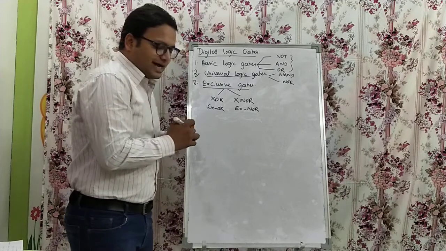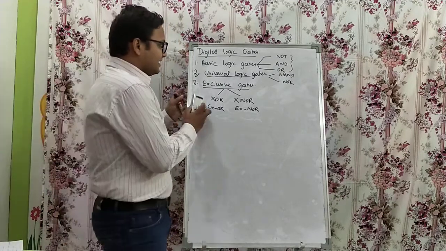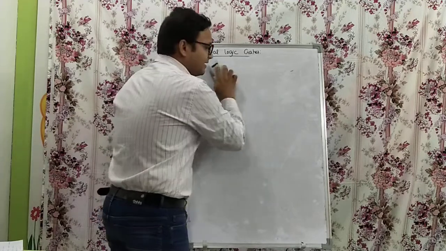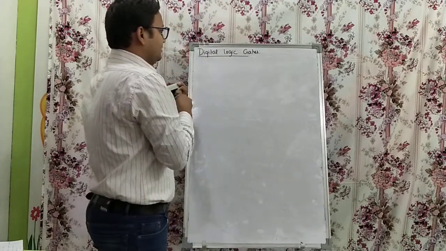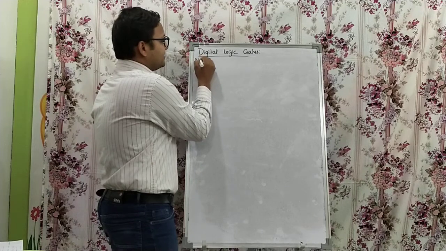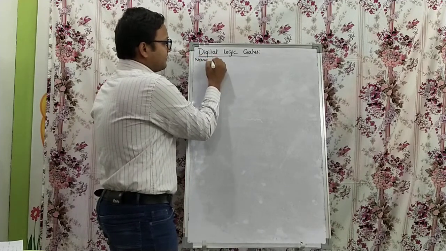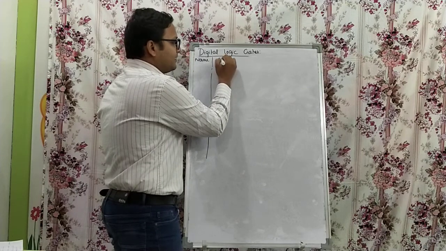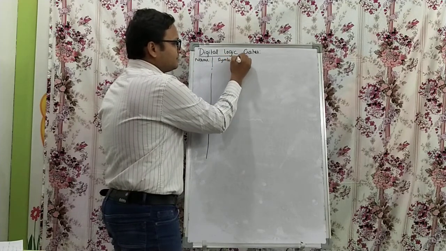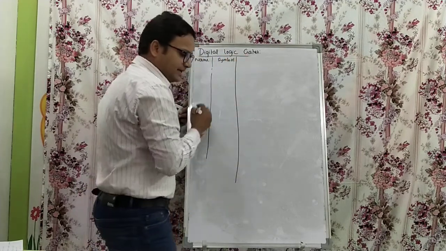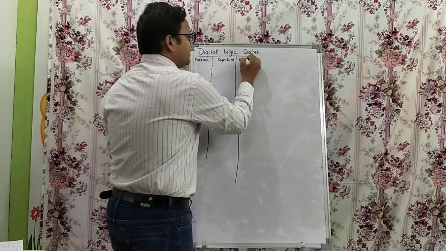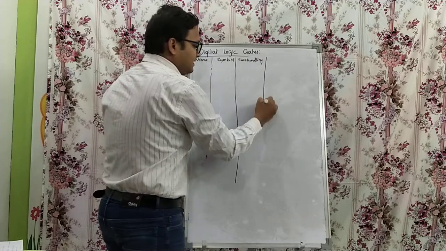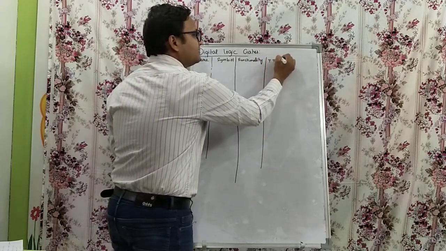First we will start with the basic logic gates. For that, this is the name of the logic gate, then the symbol of the logic gate, then the functionality of the logic gate, then the truth table of the logic gate.